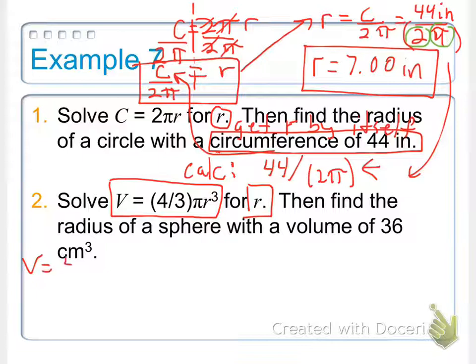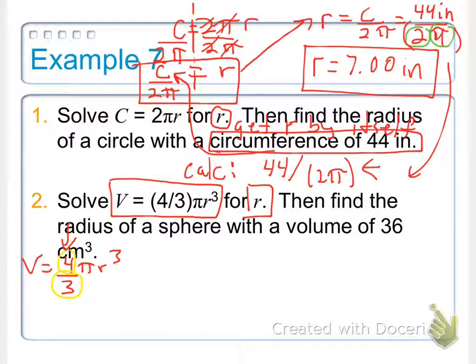V equals 4 divided by 3 pi r cubed. Okay, and a lot of you are just going to freak out because you see this fraction here. Well, the fraction means, in this case, this 4 is multiply, and this 3 is divide.